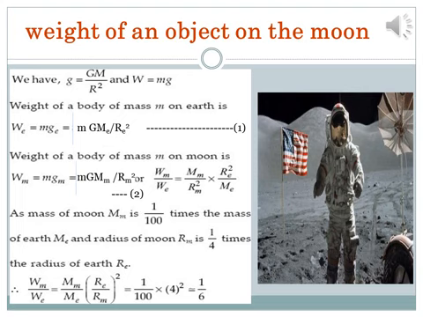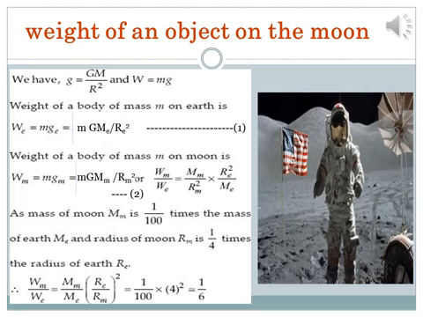Since ge is equal to G Me divided by Re square, where ge is the acceleration due to gravity of the body on the surface of the earth, Me is the mass of the earth and Re is its radius.